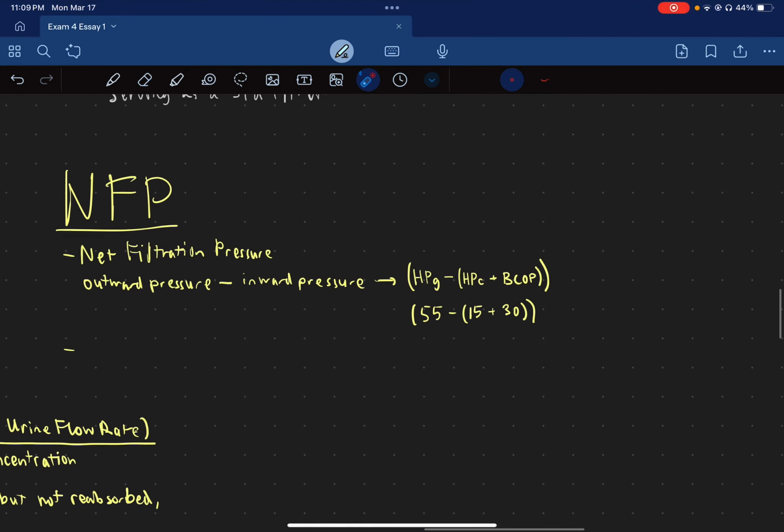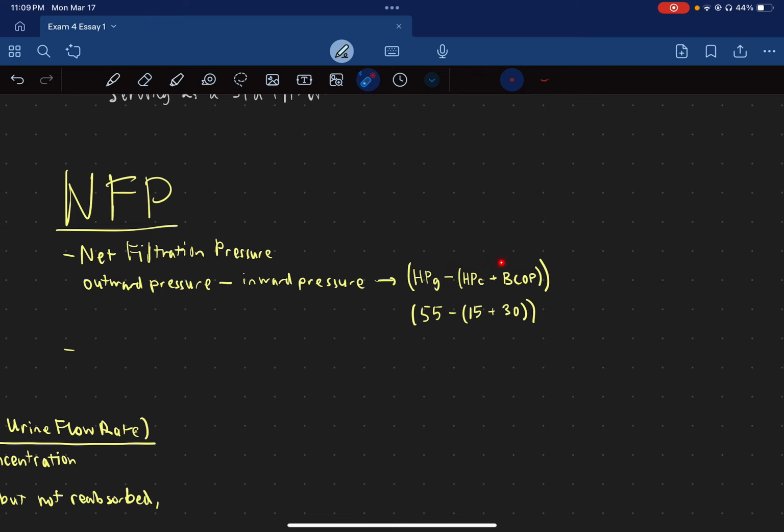If we come over here to net filtration pressure, our outward pressure minus our inward pressure is going to show our total pressure. So this is going to be our hydrostatic pressure of the glomerulus, so that's inside the capillaries, minus our hydrostatic pressure of the Bowman's capsule, and then BCOP, of course.